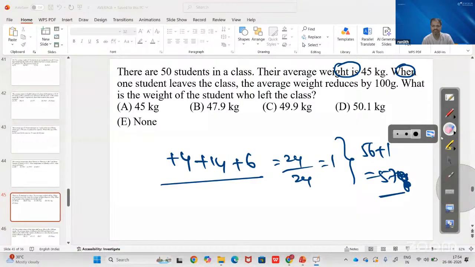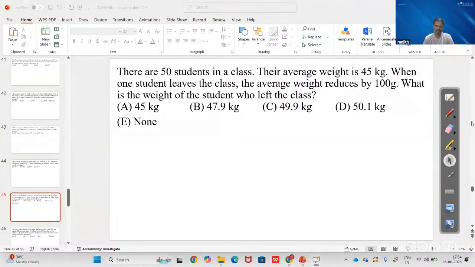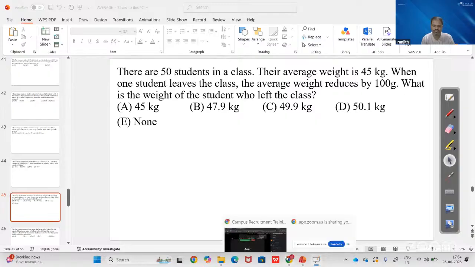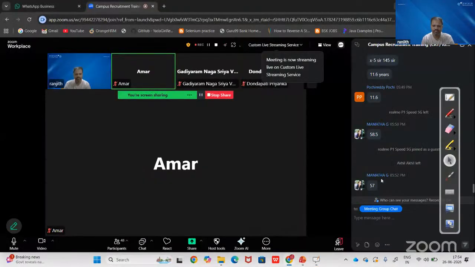Next, what is the answer? So answer is 57.